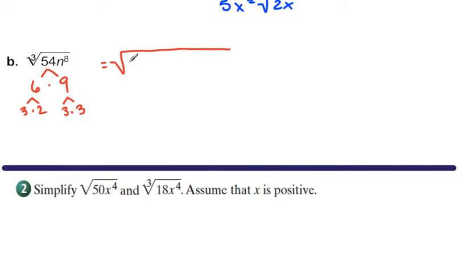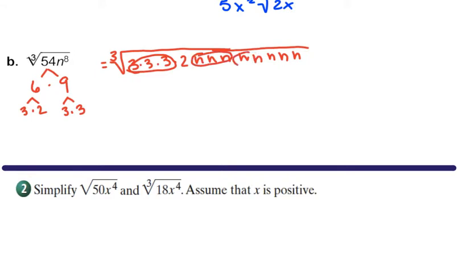So we've got, I'm going to put all the 3's together, 3, 3, 3 times 2, and then I have 8 n's, so 1, 2, 3, 4, 5, 6, 7, 8. All right, now because this is the cubic root, we want to find groups of 3. So we've got 3 3's, we have 3 n's, 3 n's, and then we would have those 2 left over.